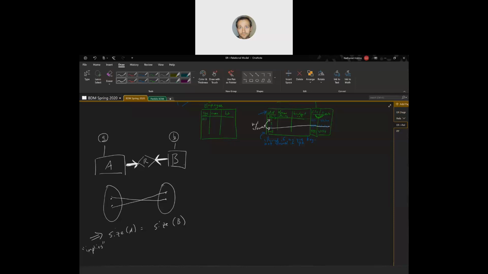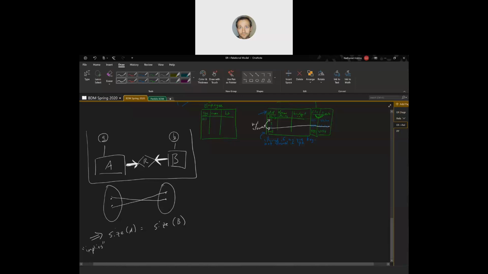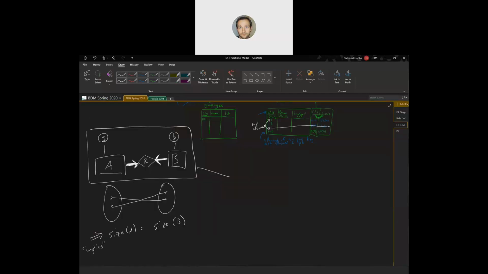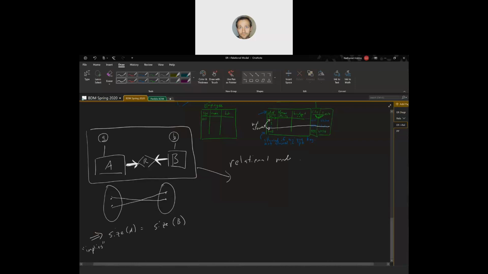Or otherwise, you can also type, I don't know. Can I? Yeah. So this is now talking about this ER diagram. How do I turn this into the relational model? So using tables like these in green.